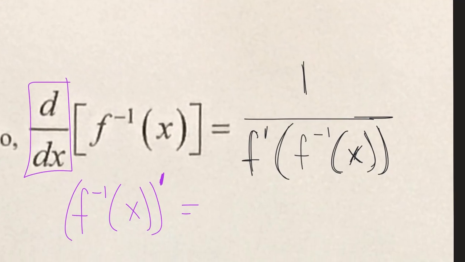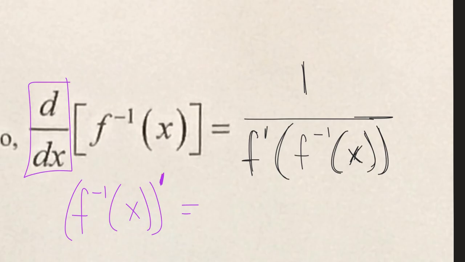The two things are the derivative notation and the prime notation, and these two things mean the exact same thing. You can see it written here in purple, and you can see it written with the derivative notation. It's the derivative of the inverse at a point. And this is the derivative of an inverse.